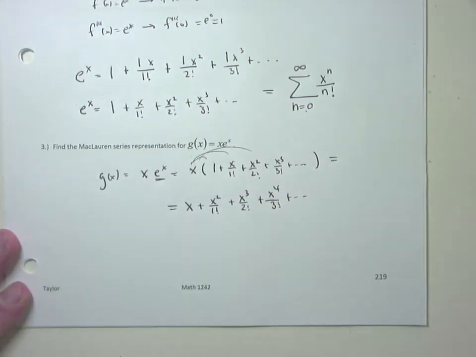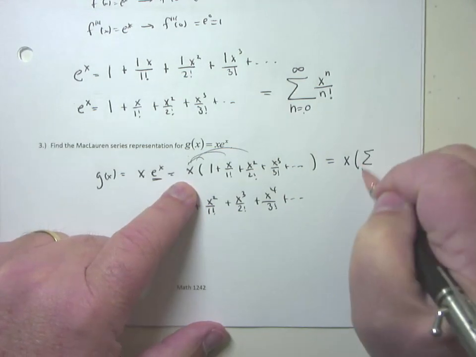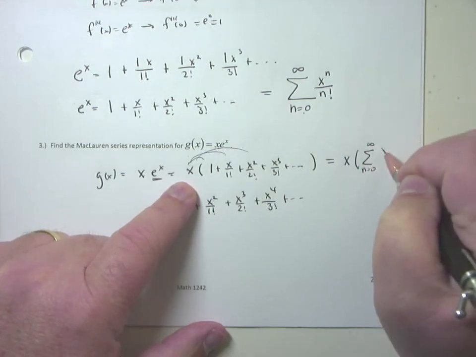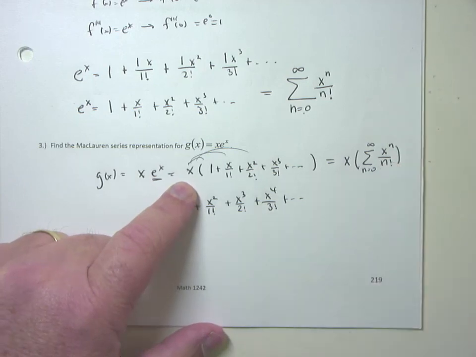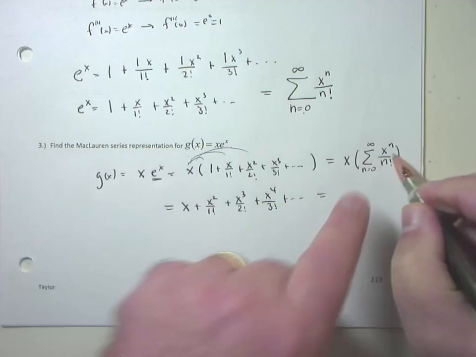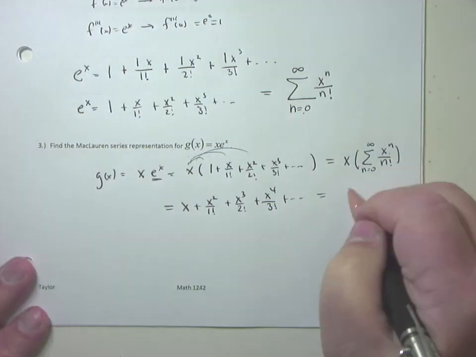And if you wanted to write the series formula for this, this would be x times the Maclaurin series formula for e to the x, which is the sum as n goes from 0 to infinity of x to the n over n factorial. And put your two x's together. When you multiply, you add exponents, and you come up with a formula.